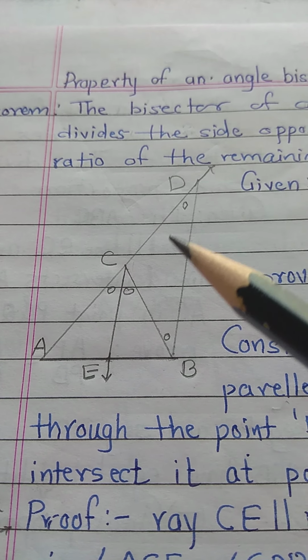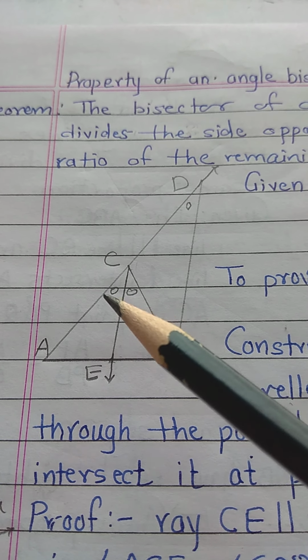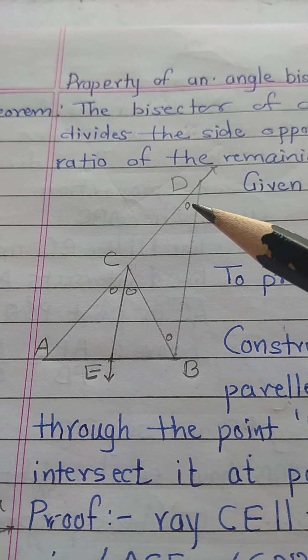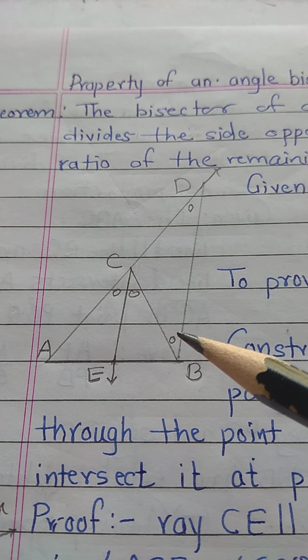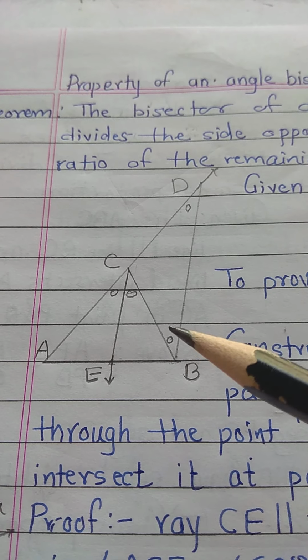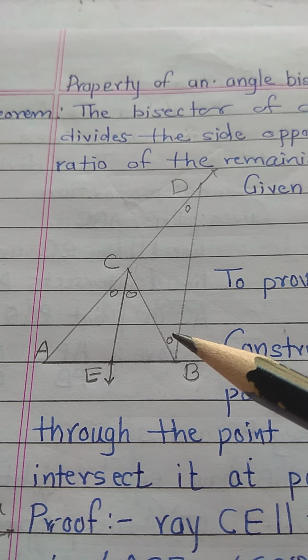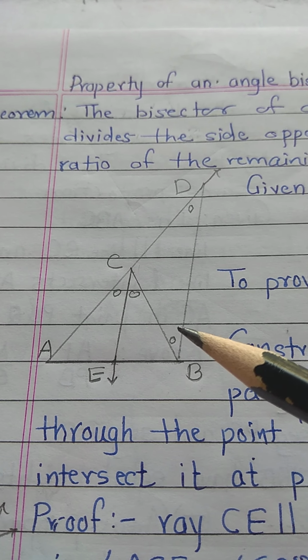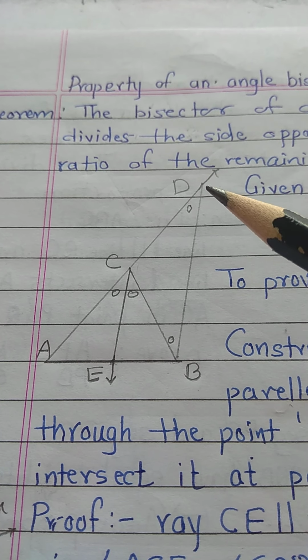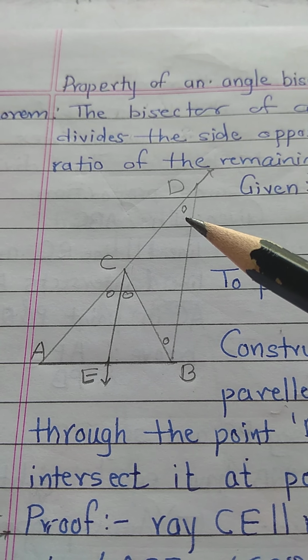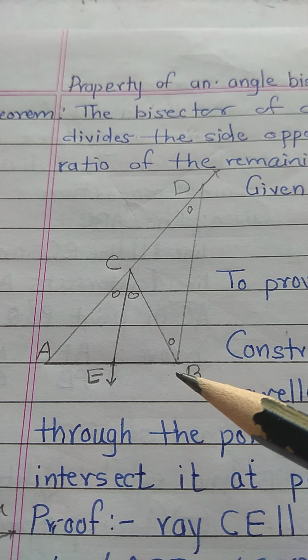By statements 1, 2 and 3, we have angle CDB is congruent to angle CBD. If angles are congruent, then the sides opposite to them are congruent. To angle CBD, the opposite side is CD. To angle D, the opposite side is CB.